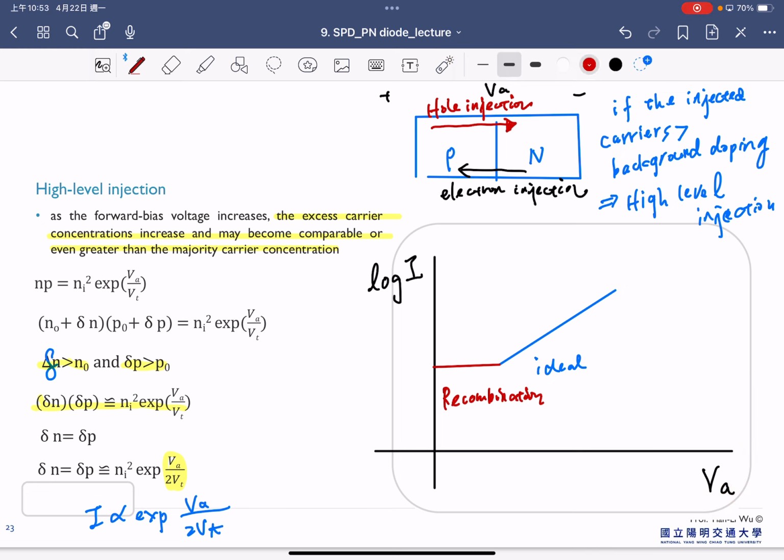That means your slope will be flat again, because now the current is correlated with exponential VA over 2 VT. So after a certain point, as long as you apply a large enough bias, your current cannot increase much anymore because the slope changes here. That will limit the performance.